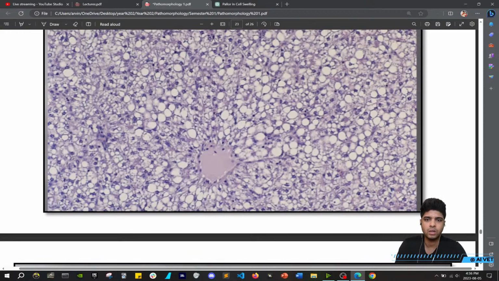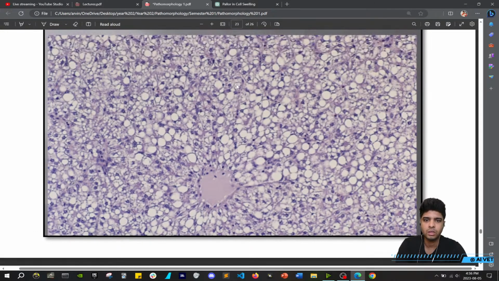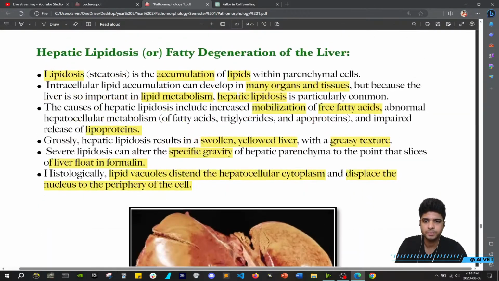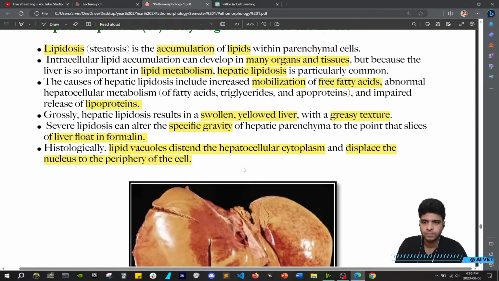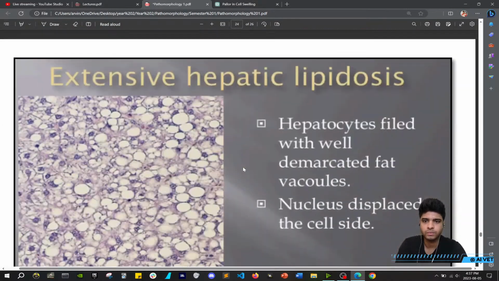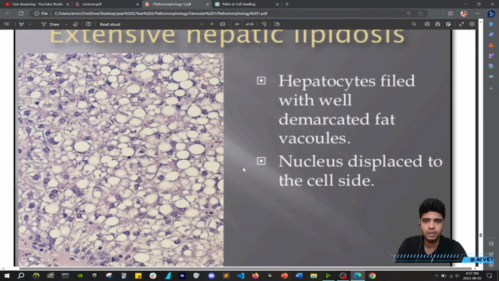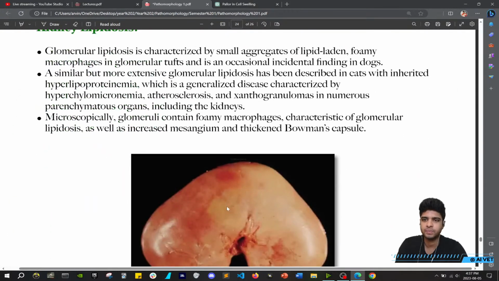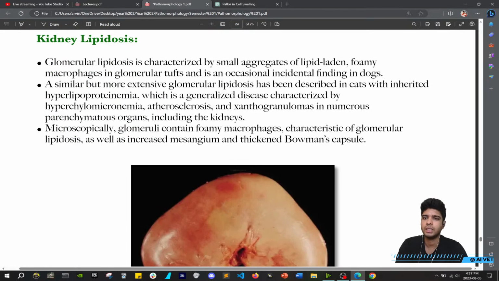Okay, you can see a lot of fat filled globules pushing the nucleus to the sides. Hepatocyte filled with well demarcated fat vacuoles. The nucleus is displaced to the side. Yeah. And going to the kidney.